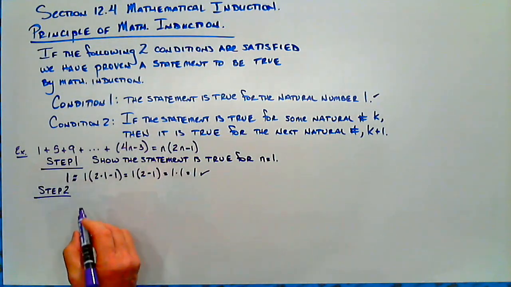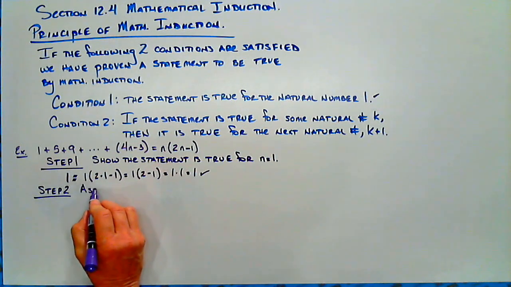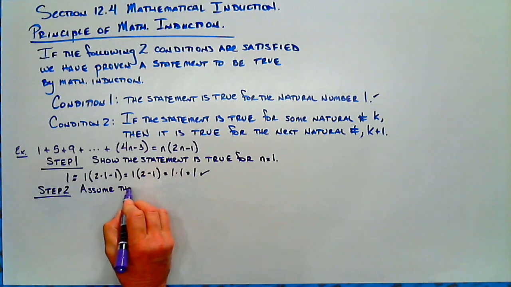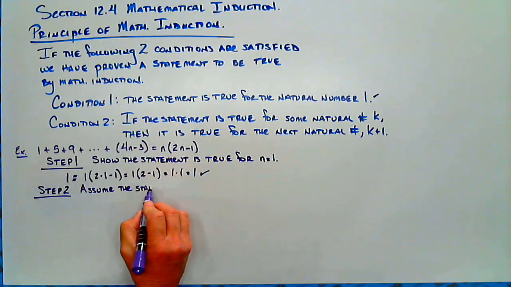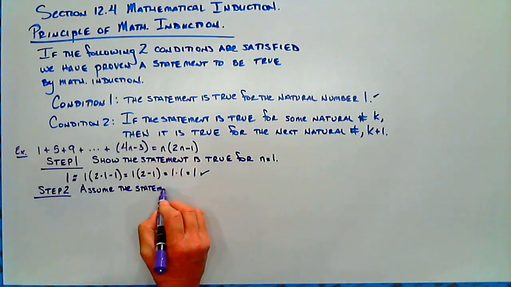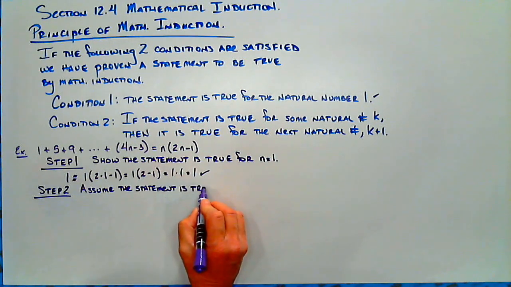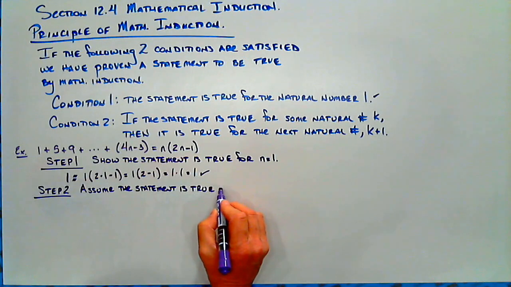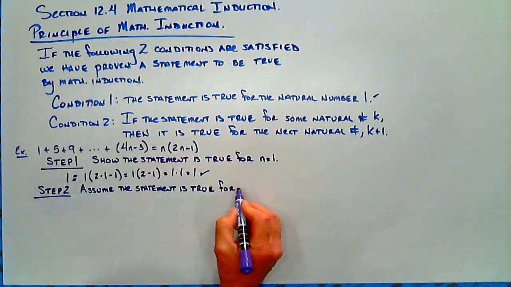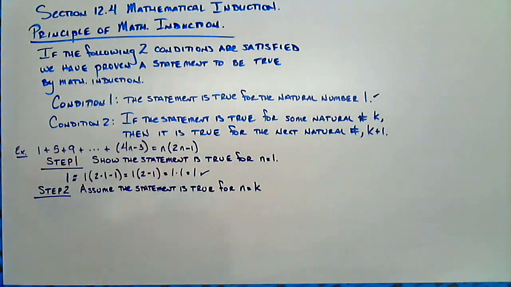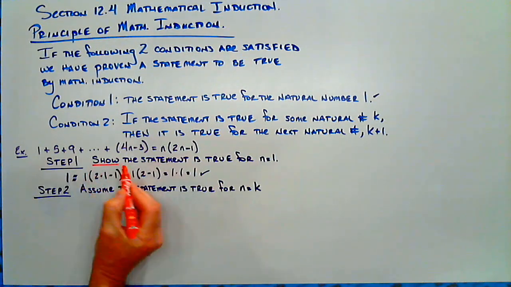Well, for step 2, we write assume the statement is true for n equals k. Now, it's really important for us to realize that up here we have the verb show.